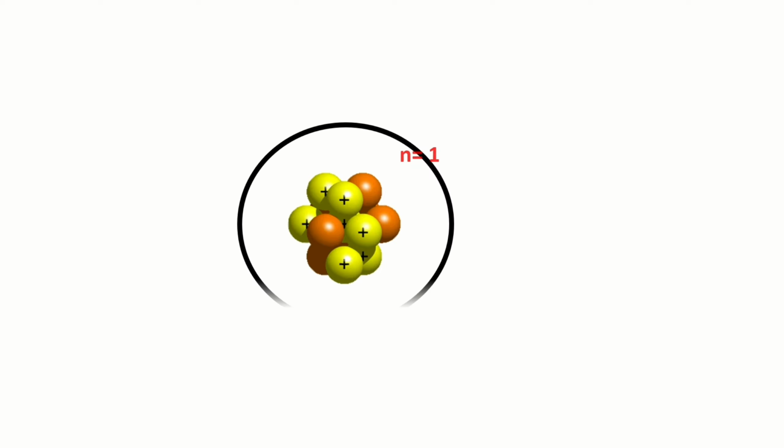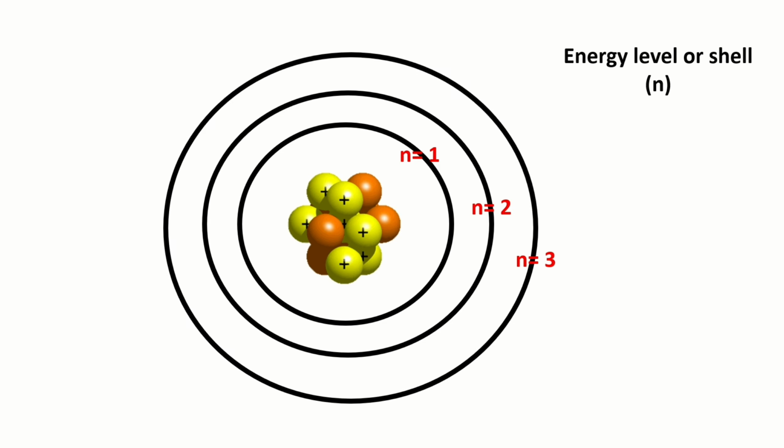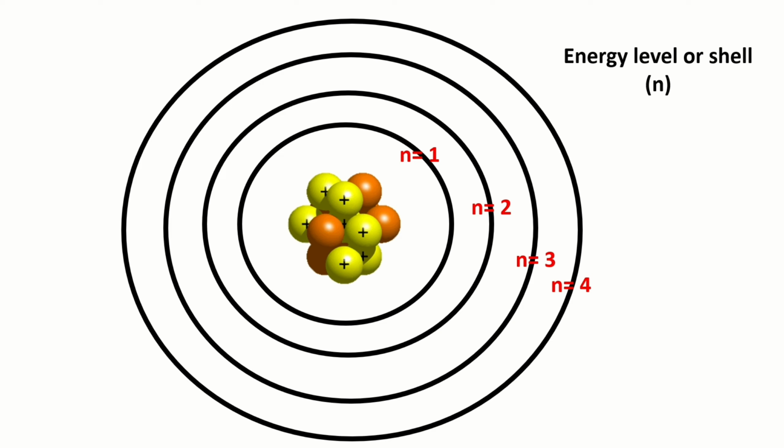So we have here the first energy level or shell. The symbol is N. First energy level, second energy level, the third energy level, and the fourth shell or the fourth energy level.